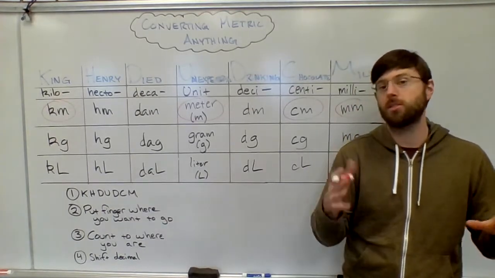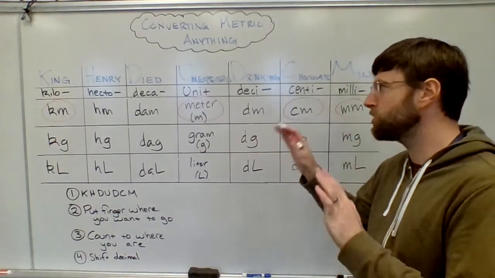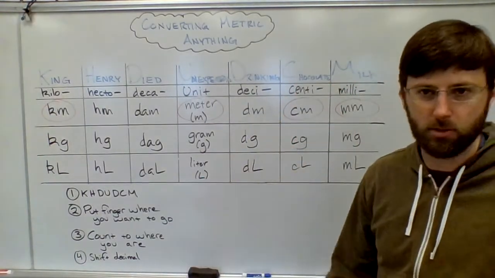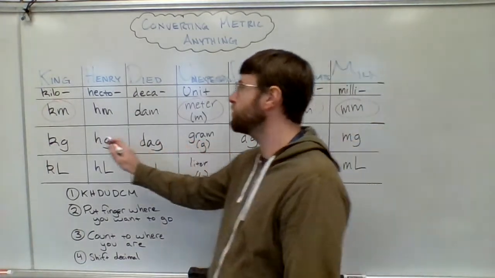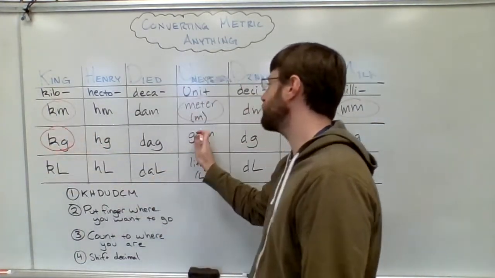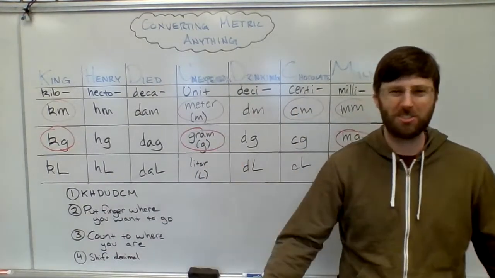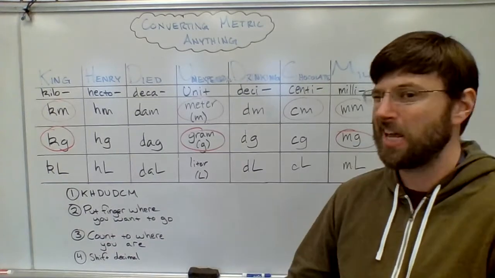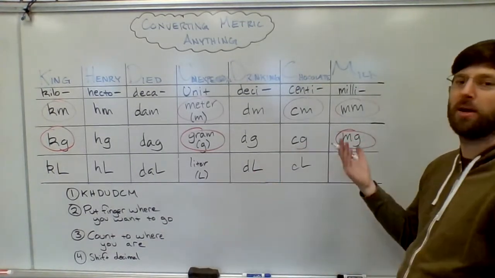We still need places for them up there, but don't be like, oh my gosh, I have to memorize these things. Those are the ones that we'll use for length. Those are the common ones, okay? For mass, we use kilograms, we use grams, and we use milligrams. All of the other ones, they're just not used that often. We don't really need those other ones for anything. It's possible we could use them, but we're not really responsive.